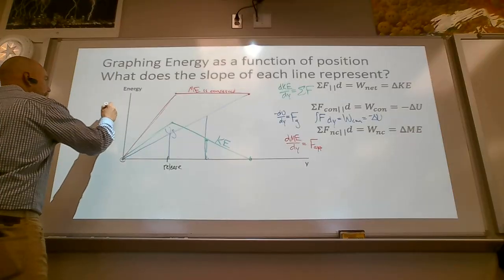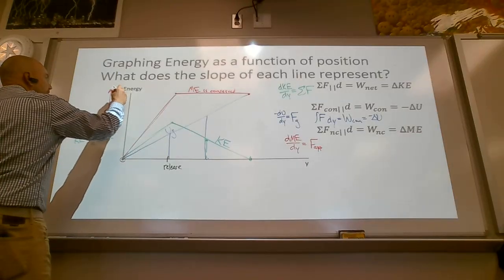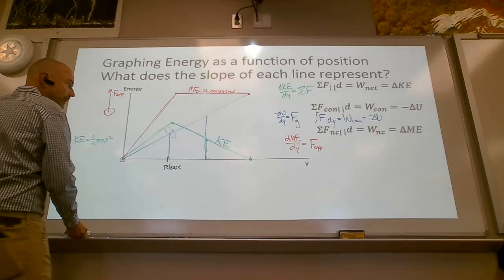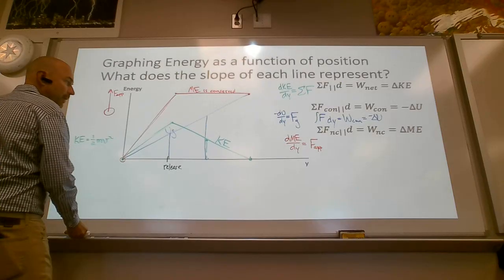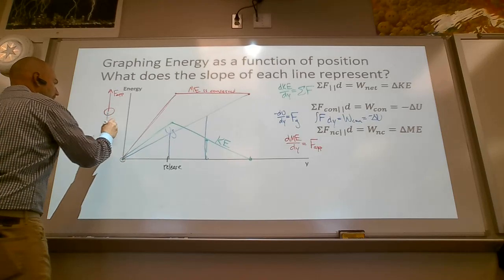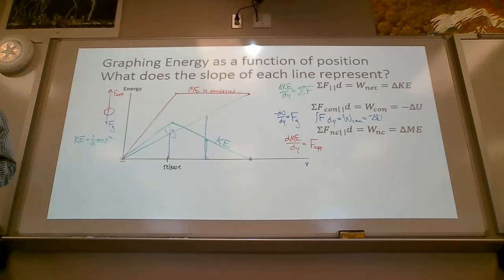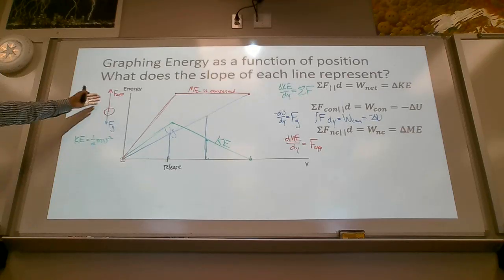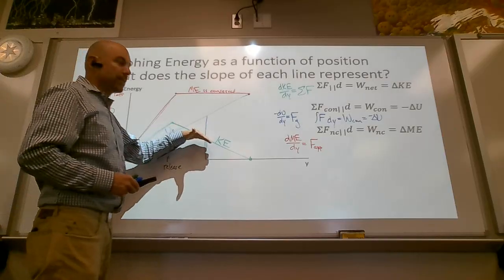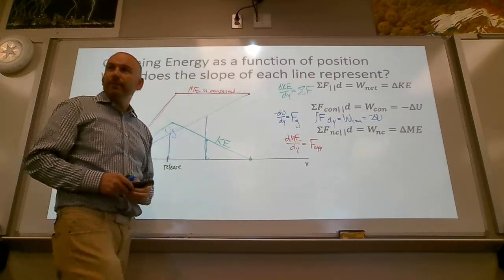If you did a free body diagram, your applied force while it's being thrown minus your force of gravity, accelerating upward as you throw it, that's going to give you your net force of those two. And then afterwards, the slope should just be the force of gravity.